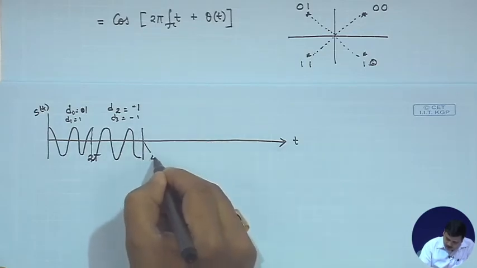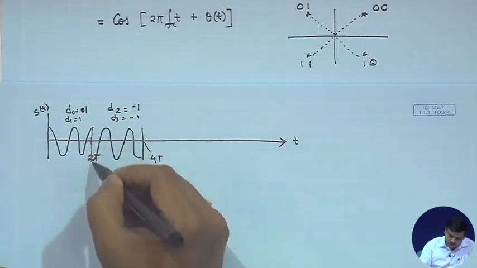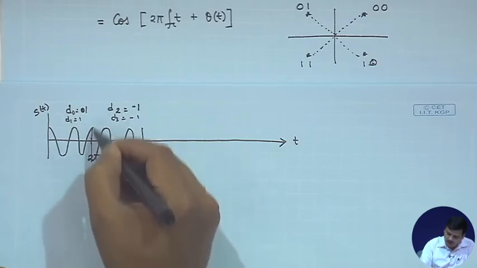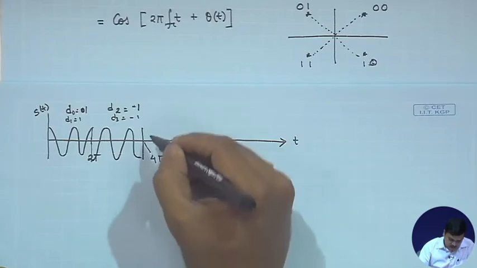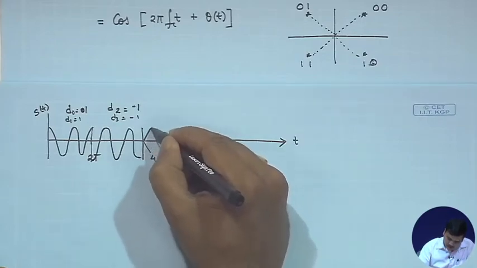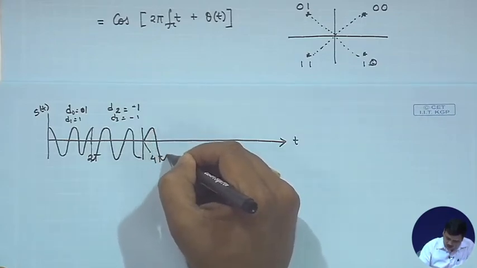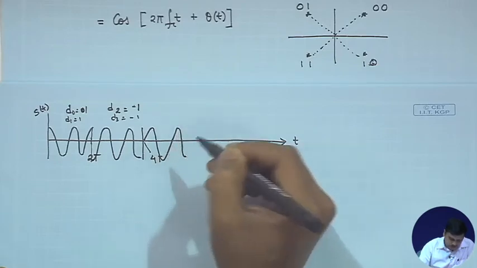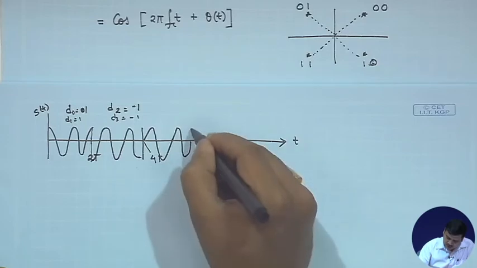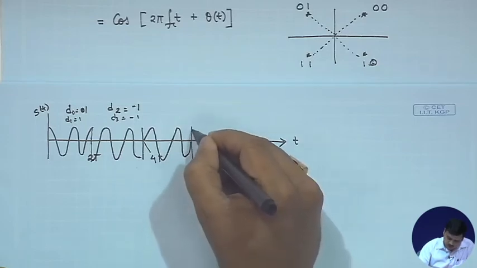So, this point is 4t. What you see over here is that a huge change in phase has occurred at this point, and then you could get a waveform which looks like this, and so on and so forth.